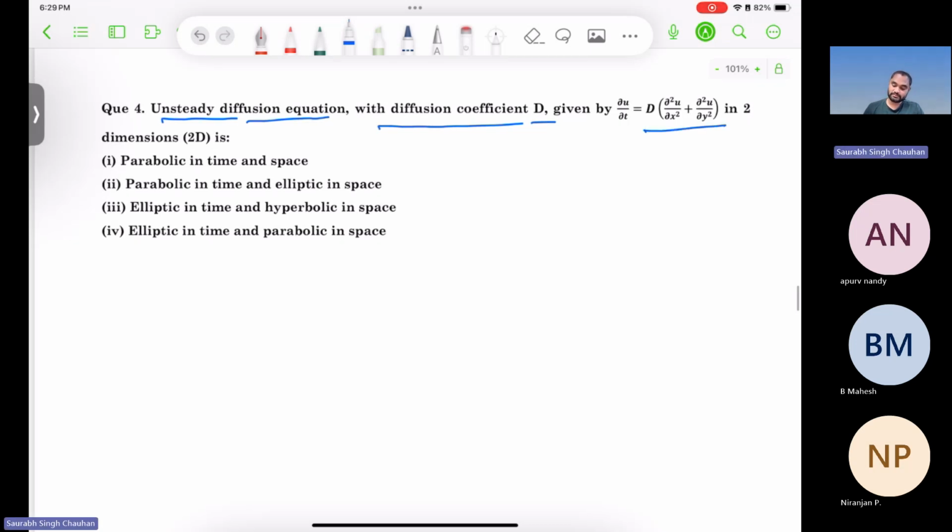In space it is Laplacian. So in space, is it parabolic or hyperbolic or elliptic? Elliptic. Why elliptic? B value 0, A value and C value is 1.